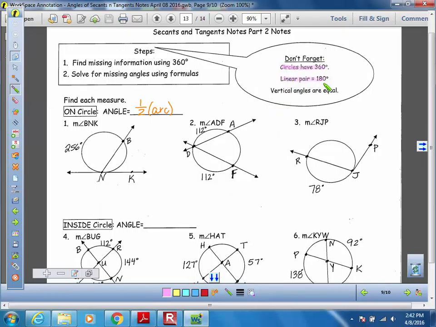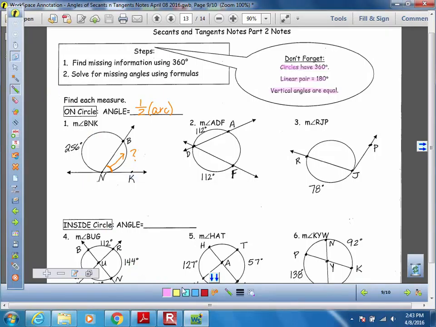Linear pairs are 180, and vertical angles are equal. So looking at number 1, they want us to find measure B and K. So angle measure B and K would be this angle right here. It is facing this arc, but this arc doesn't actually have a measure. So we're going to have to find it.